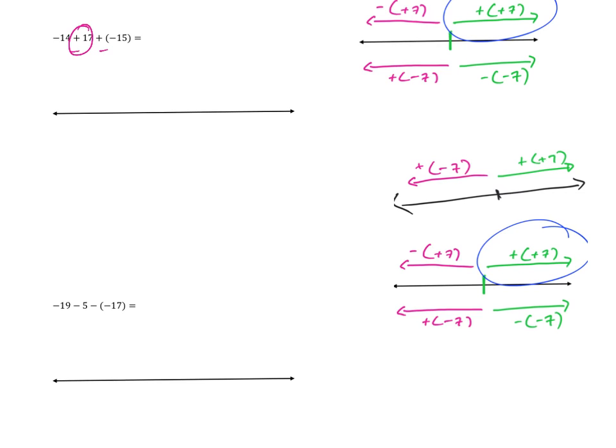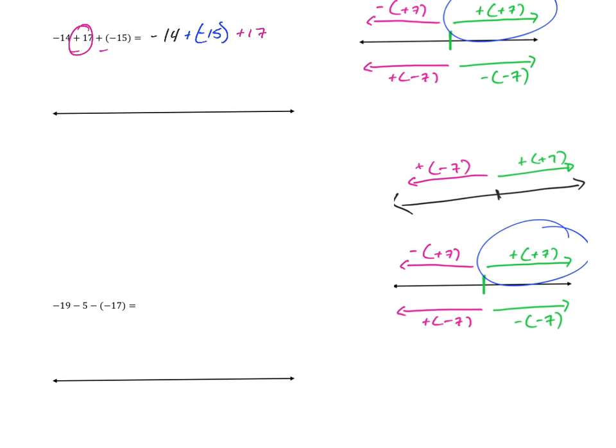And if it's addition, I can also use commutative properties. Some of you have learned that it's better to put the negatives together first, so I can commute and say this is still the same thing as negative 14 plus negative 15 plus 17.